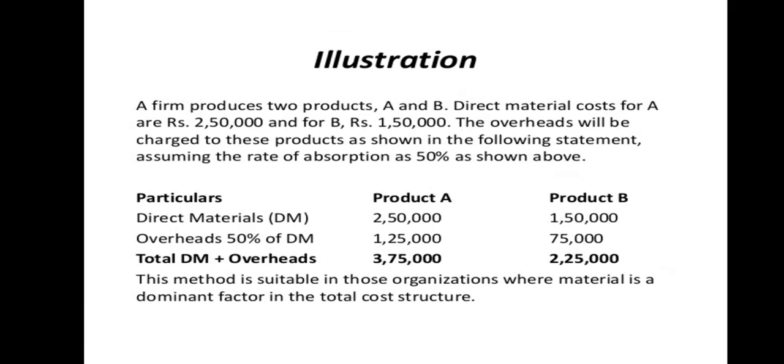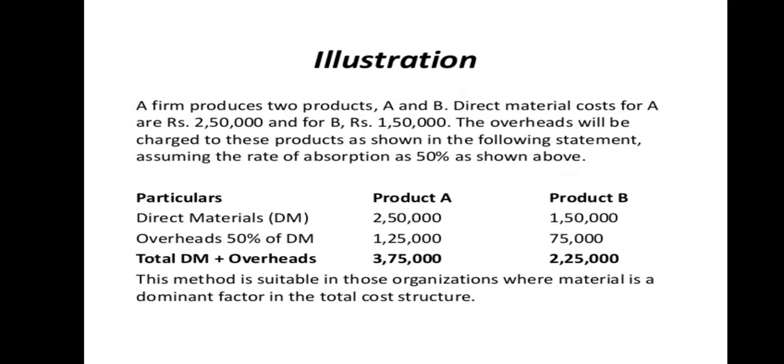So particulars of product A and product B. Direct materials, product A 2,50,000, product B 1,50,000. Overheads, 50% of direct material, that means for product A, 2,50,000 into 50%, 1,25,000, and product B 1,50,000 into 50%, 75,000.